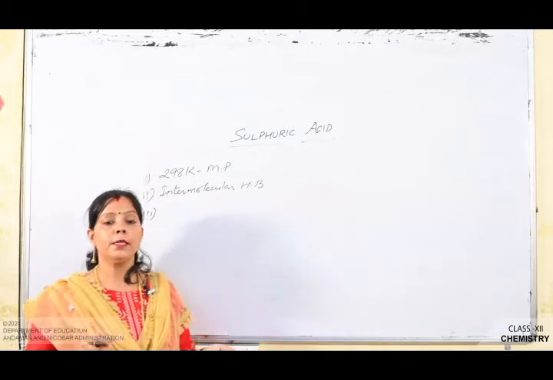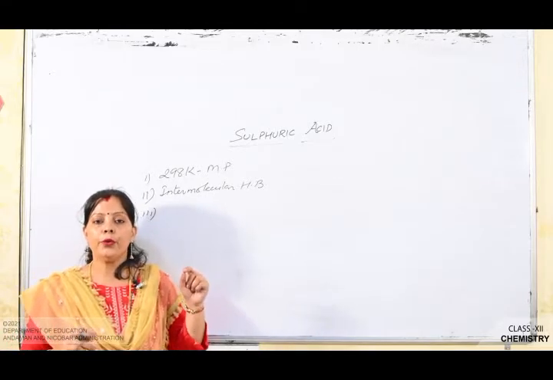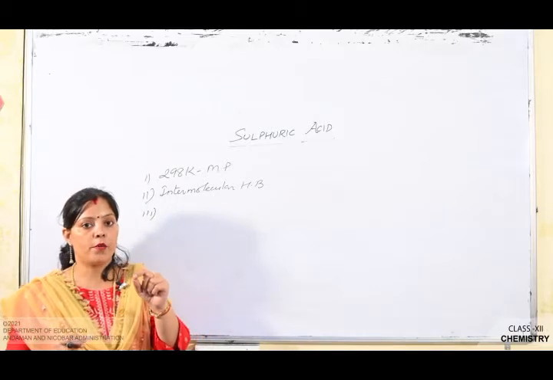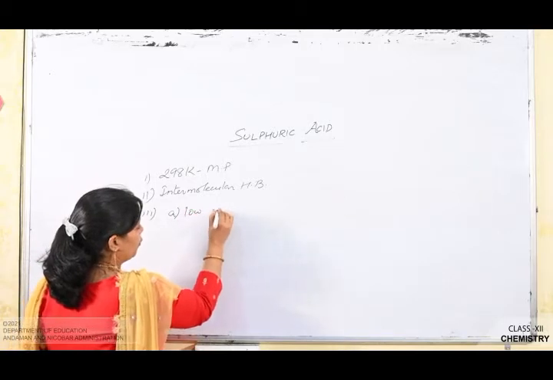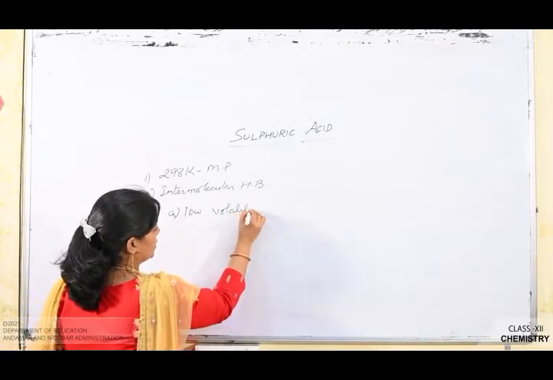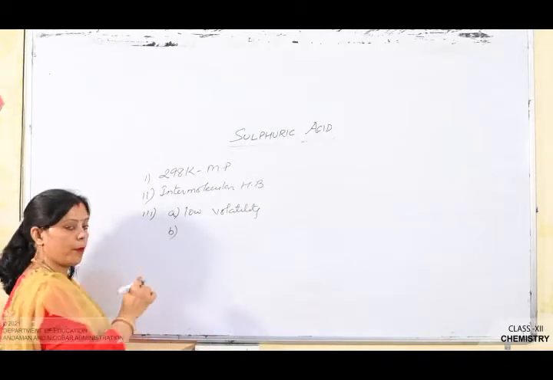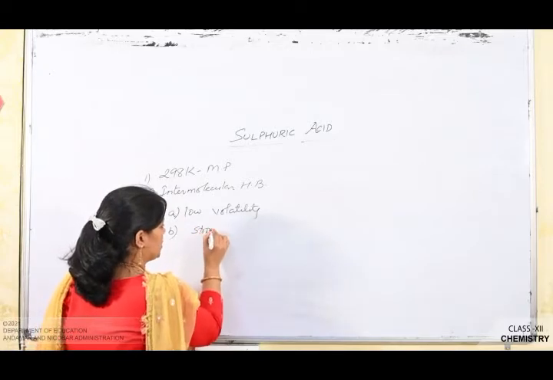the beaker. Next, the chemical reactions of sulfuric acid are due to the following important properties. First property is the low volatility of the concentrated sulfuric acid. Second important property is its strong acidic character.